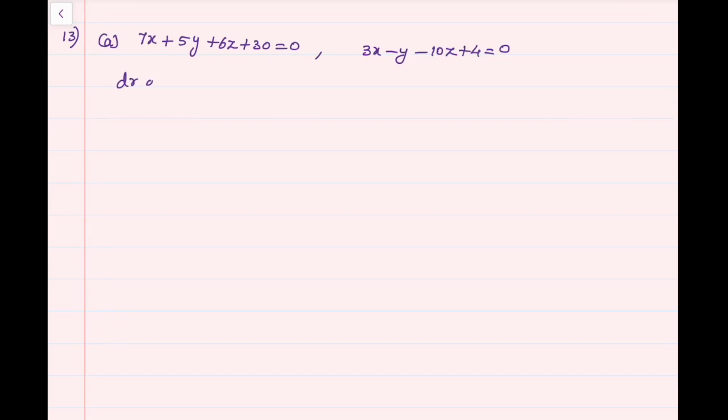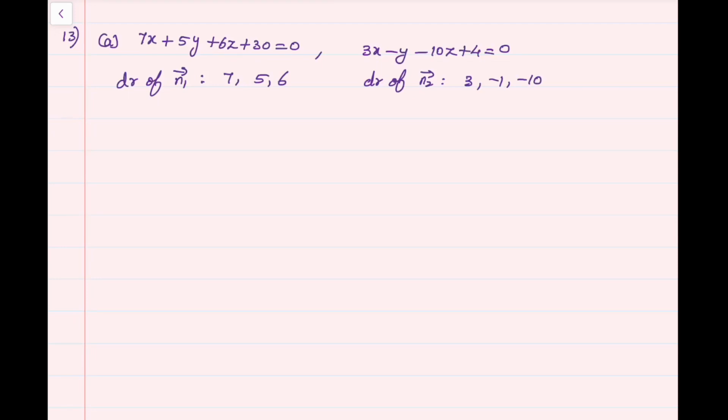DRs of normal of the first plane are 7, 5, 6, the coefficients of x, y, z, and DRs of normal of the second plane 3, minus 1, minus 10.